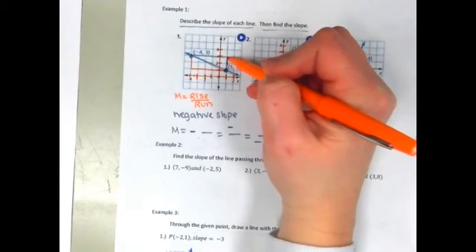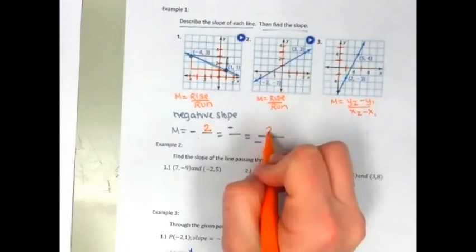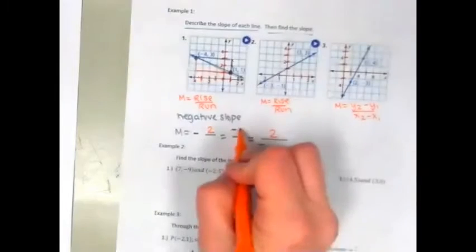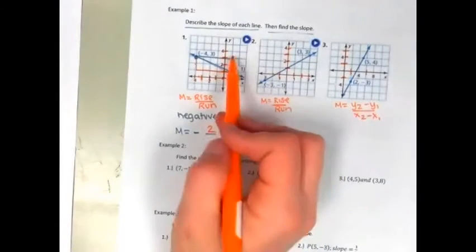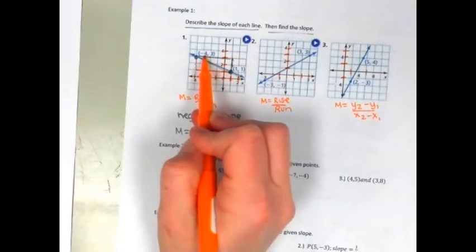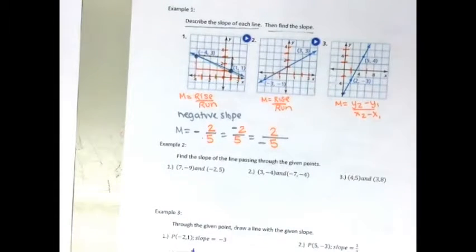So how many times do I go up? 2. Okay, so if I went up, that's positive. If I would have gone down, that would have been our -2, right? And then how much do we go over? How much do we run? 1, 2, 3, 4, and 5. So we have -2/5, -2 over +5, or a +2 over -5. Okay.